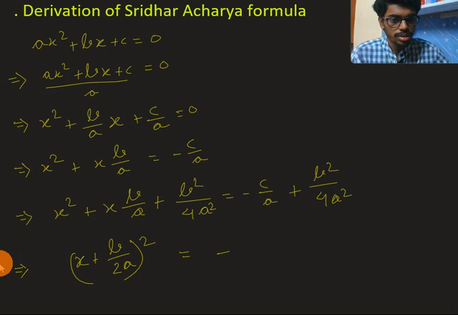We can write it as 4a square, 4ac, plus b square.